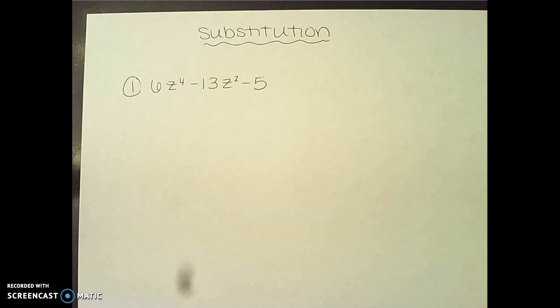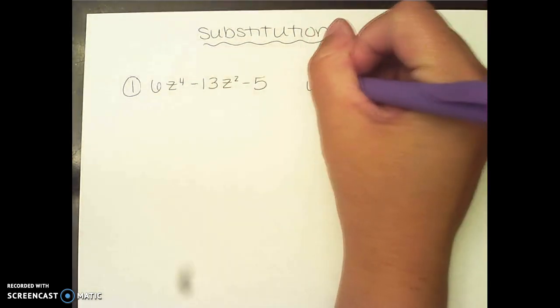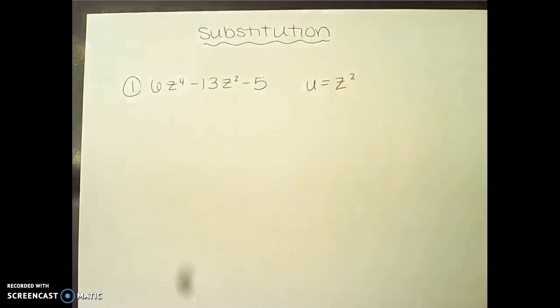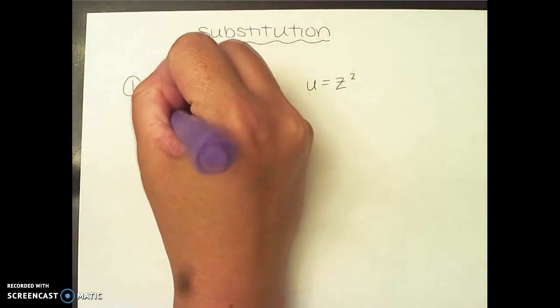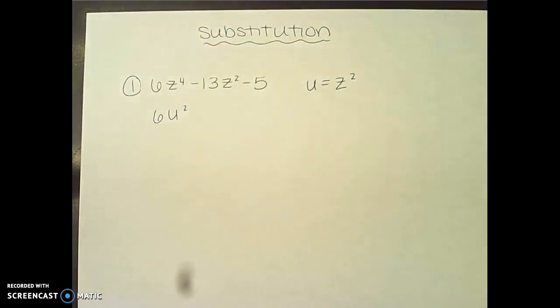So in question number 1, we have a polynomial here. Again, this is a trinomial. We could use methods of factoring without substitution, but I'm going to go ahead and let u equal z squared. And if I do that and then substitute u back into my polynomial, I will have 6u squared, because if u is equal to z squared, and I square that, I'll have z to the 4th.